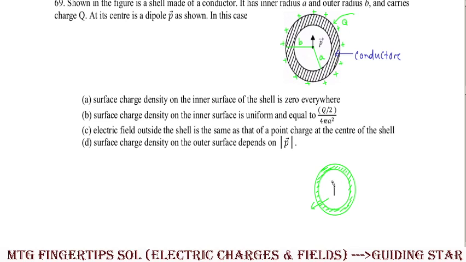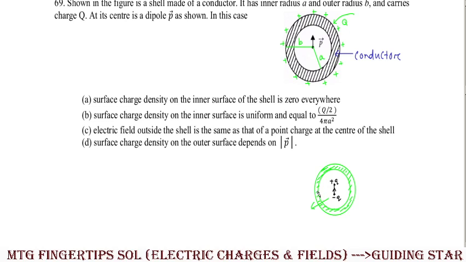And here inside there is a dipole, and the direction of the dipole is given in the upward direction. That means negative charge will be over here and positive charge will be present over here. Clear? That means in this particular case, this dipole is present at the center. Negative charge is present at the downward side.